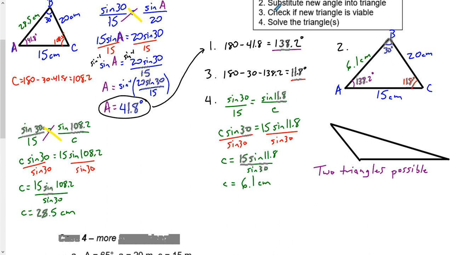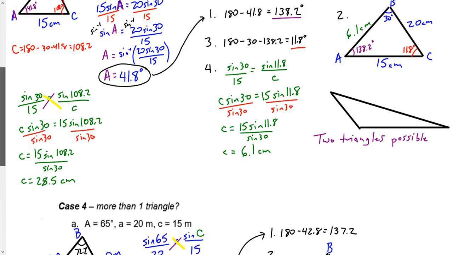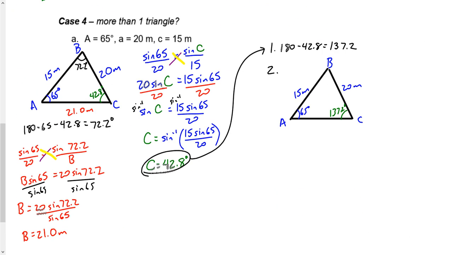My next step is to check if the new triangle is viable, which means I take my 180, subtract the 65, subtract the 137.2, and I get negative 22.2. Well, that for sure makes no sense for an angle. You can't have a negative degree angle in a triangle.